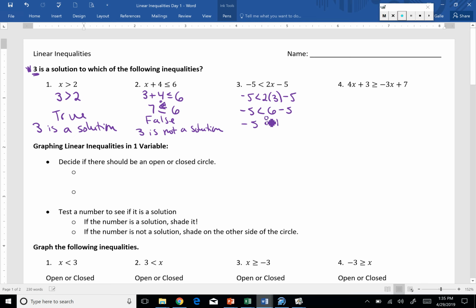The gator's eating the 1. Looks more like a monster than a gator, but our gator's eating the 1. The 1 is bigger than negative 5. This is true. 3 is a solution.